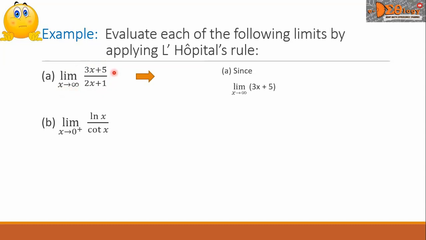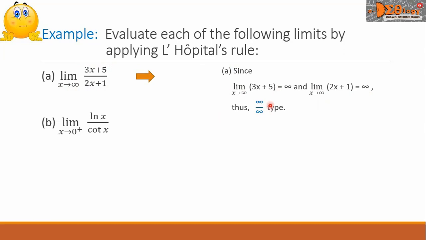Analyzing the numerator, the limit of 3x plus 5 as x approaches infinity equals positive infinity, and the limit of the denominator 2x plus 1 as x approaches infinity equals positive infinity.